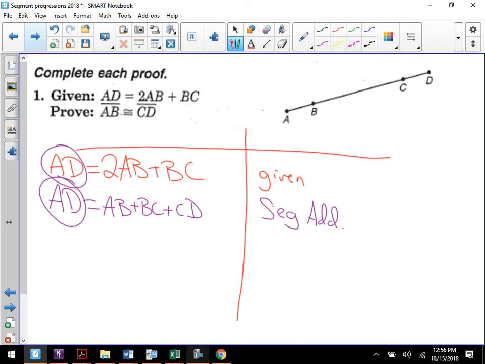Just a reminder. I know you have this written down. I think it's on your reason bank.